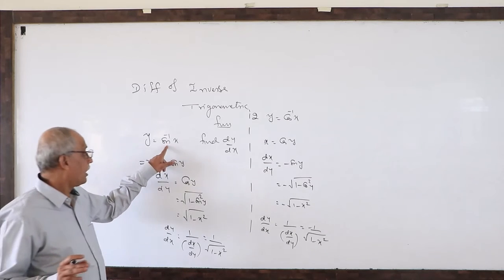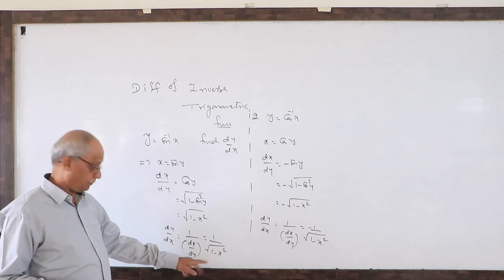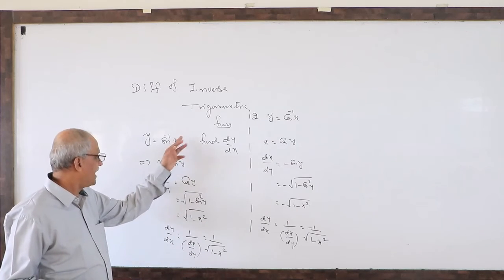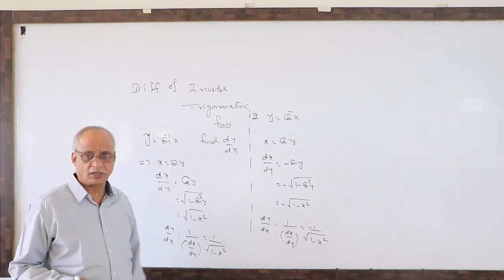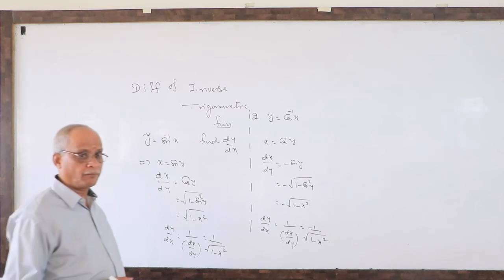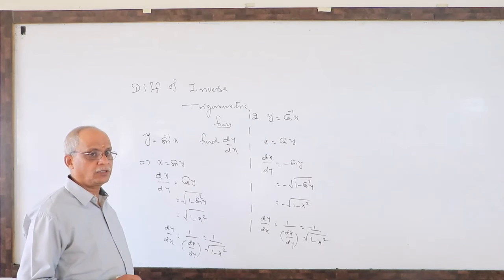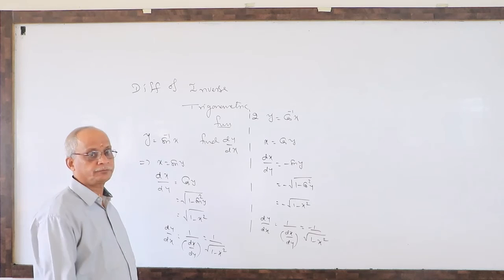Here this is the problem, this is the answer. What is reverse? This is the problem, this will be the answer. Reverse process. Anti means reverse. The anti process of differentiation is called integration. That is why differentiation and integration both are equally powerful and important.